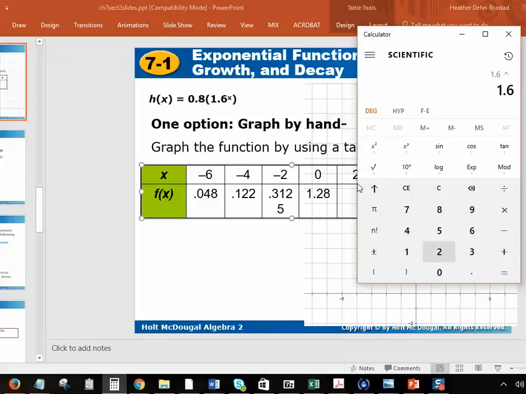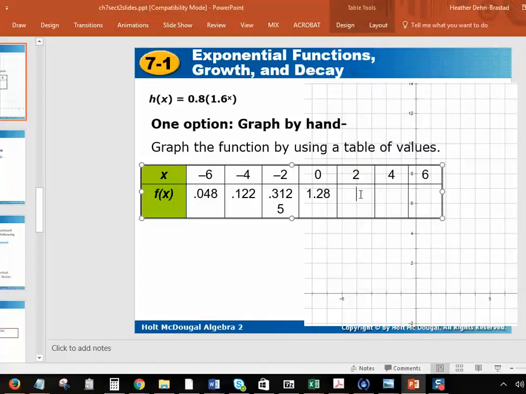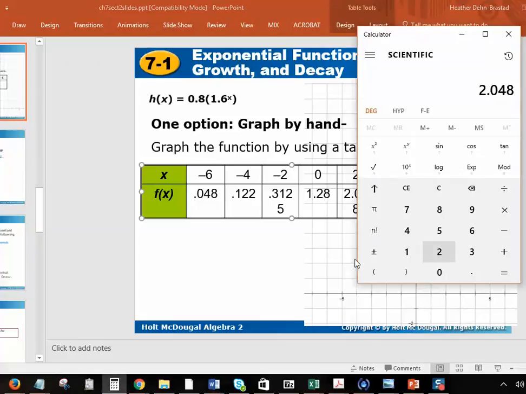And this is 1.6 to the 2nd power times 0.8, 2.048, and then 4. When x is 4, I would have 1.6 to the 4th power times 0.8.